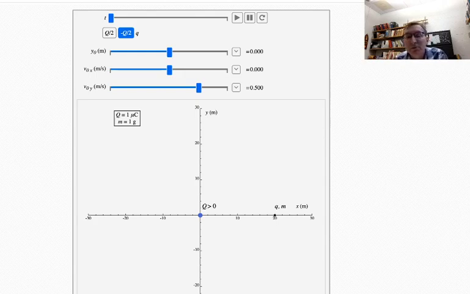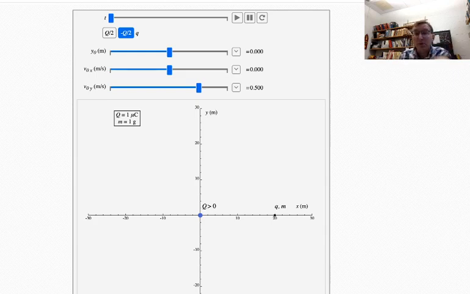You see, this is t equals 0, the little particle. It's at x equals 20 meters, y equals 0, and the sliders let you pick the initial velocity. The initial x velocity is 0, and the initial y velocity is 0.5 meters per second.